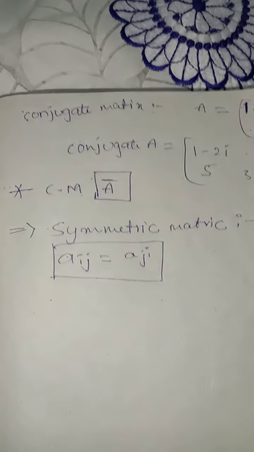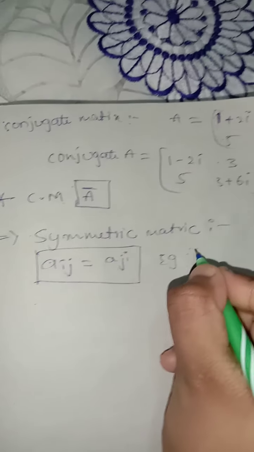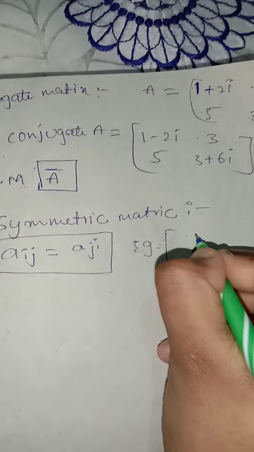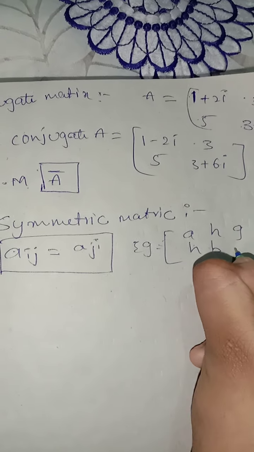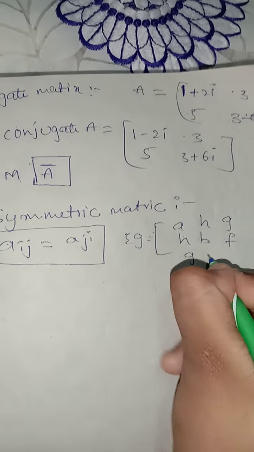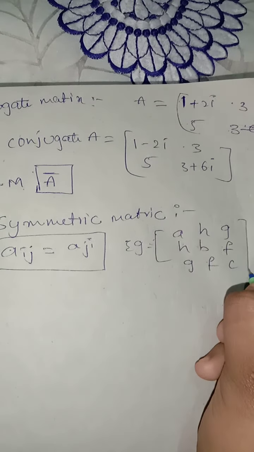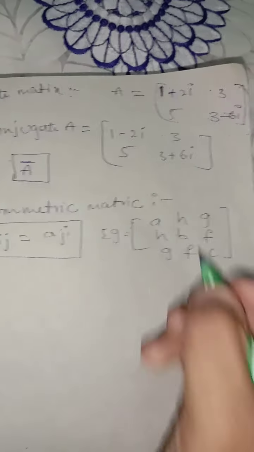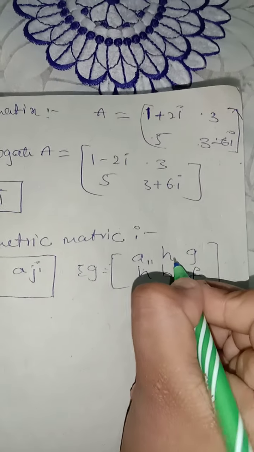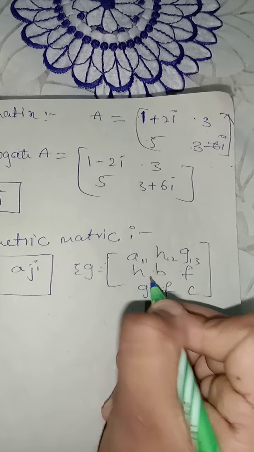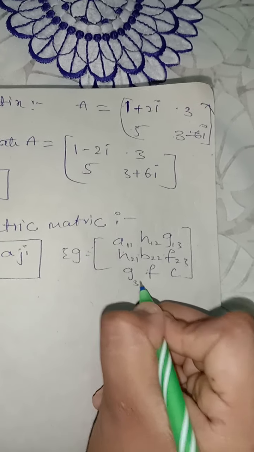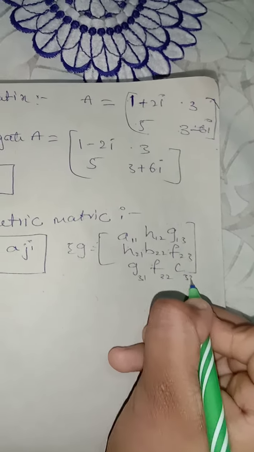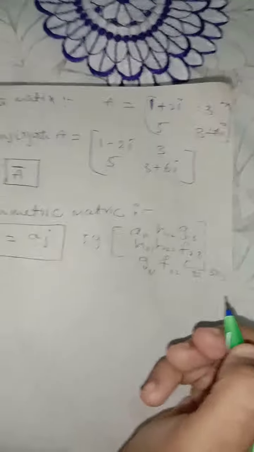For example, a symmetric matrix is written as A H G, H B F, G F C. That is a_11, a_12, a_13, a_21, a_22, a_23, a_31, a_32, a_33, a 3 by 3 matrix.